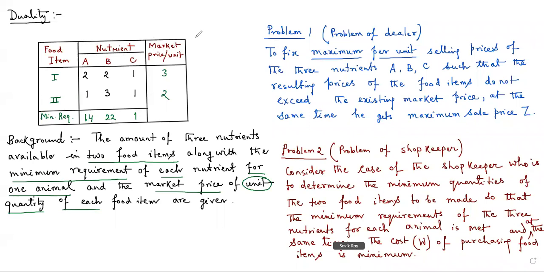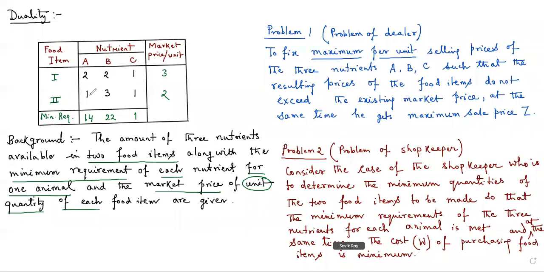Now, as you can see in this particular table, some food items are given, denoted by Roman 1 and 2. And in these food items, these nutrients A, B, C are present in some units. So 2 units of nutrient A, 2 units of nutrient B, and 1 unit of nutrient C are present in food item 1.